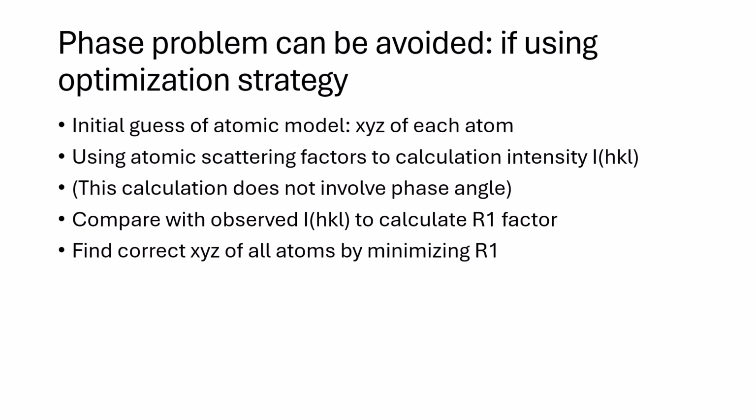This logic is simple and straightforward. But unfortunately, there is a small problem with it. No one can practically use this strategy to solve a structure, simply because there are so many atoms in a model, and the calculation is too overwhelming for current computing technology.